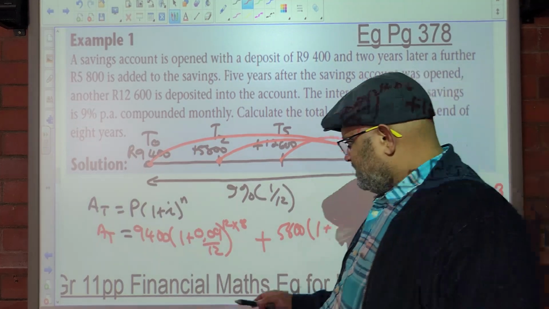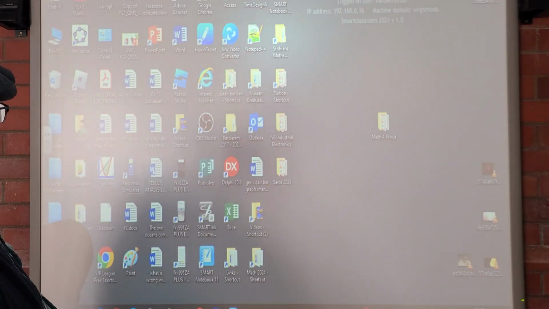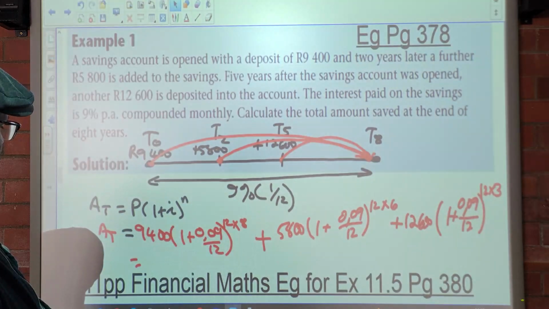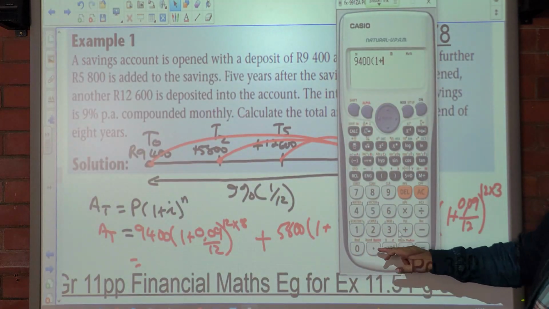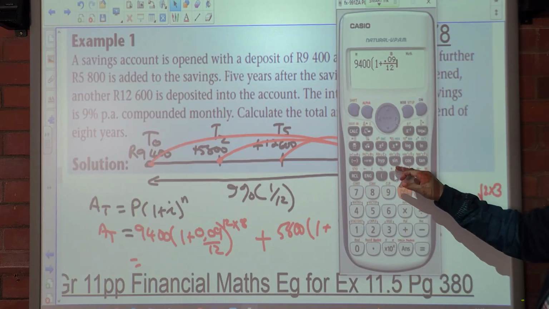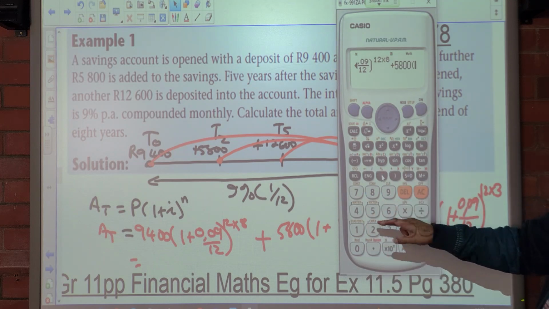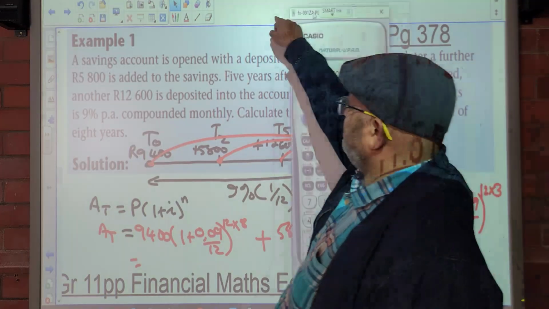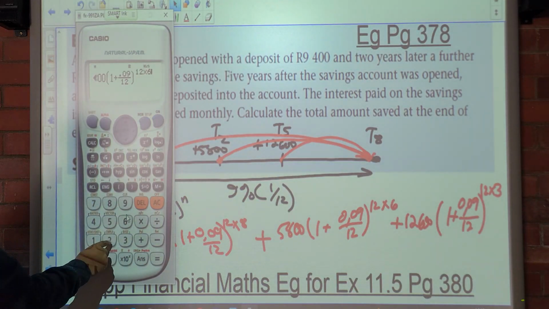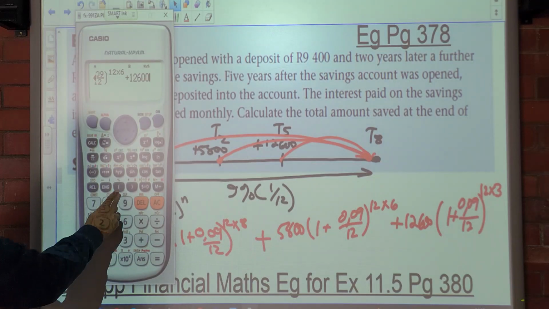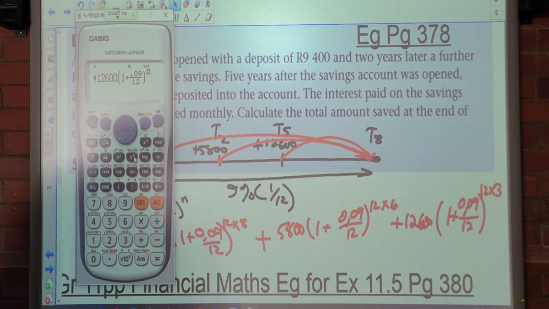You guys understand? So what I do is I put that into the calculator. 9,400 into (1 plus 0,09 over 12) to the exponent 12 times 8, plus 5,800 into (1 plus 0,09 over 12) to the exponent 12 times 6, plus 12,600 into (1 plus 0,09 over 12) to the exponent 12 times 3.